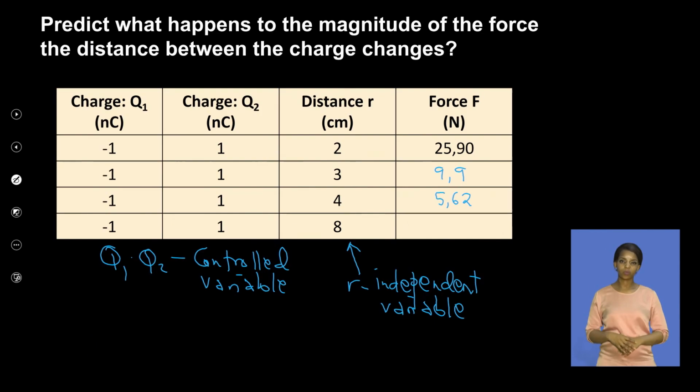So we go back to our table, 1.4 newtons. Now, what's the pattern that we are getting here? As the distance between the charges gets bigger and bigger, how does it affect the force? The force gets lesser and lesser. But let's pay attention to the proportion in which the force is decreasing while the distance increases, right?